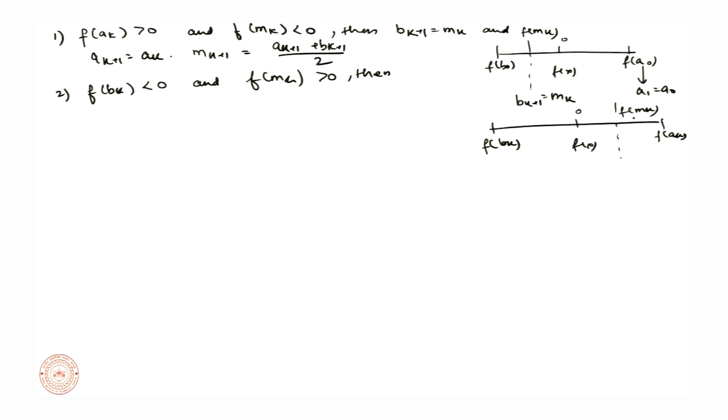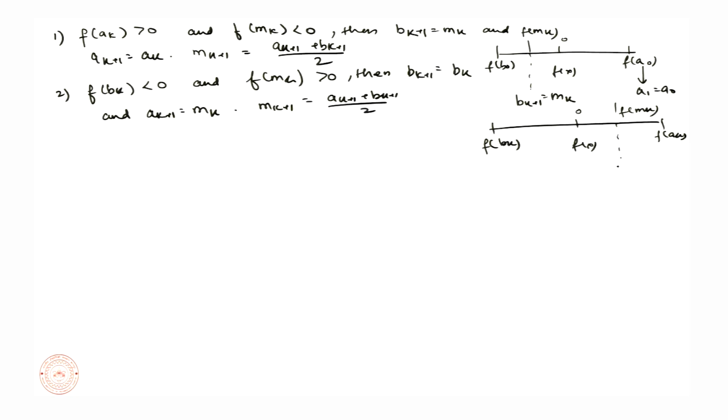Now f of m k is positive, the m value is coming to be on the positive side. In that case, we will keep the same value for b of k plus 1, that is b of k, and we will update a k plus 1 with the m k value. Again, m k plus 1 will be equal to a k plus 1 plus b k plus 1 by 2.